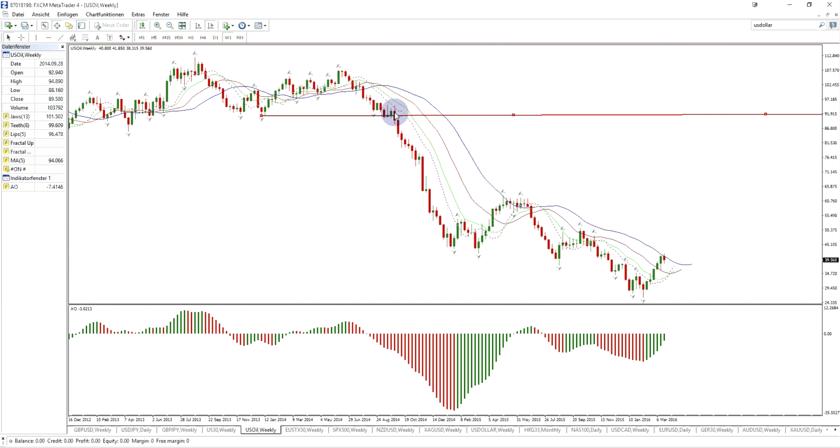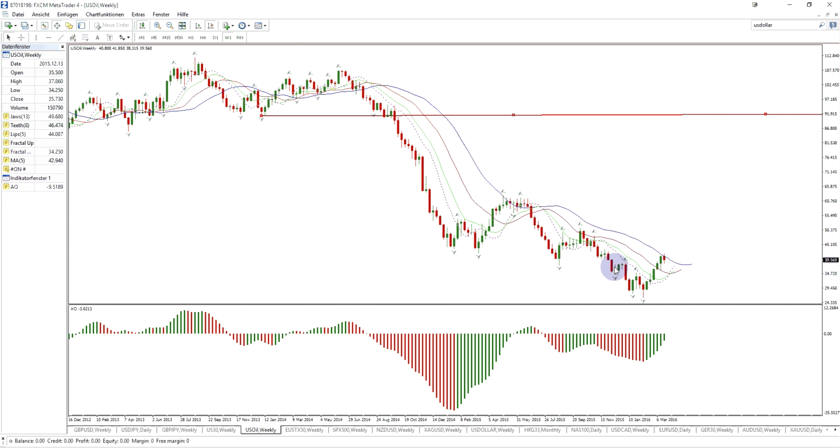As a trend follower, entering somewhere in here, depending on your trading system, would have gotten you short in this downtrend, and hopefully you were able to exit right down here somewhere, and maybe you are even holding on to it. If not, you get a new fractal here, simply showing you that the move will be continued.